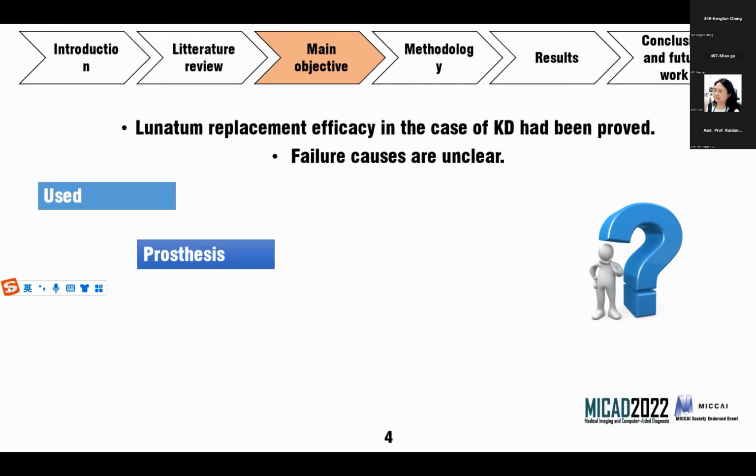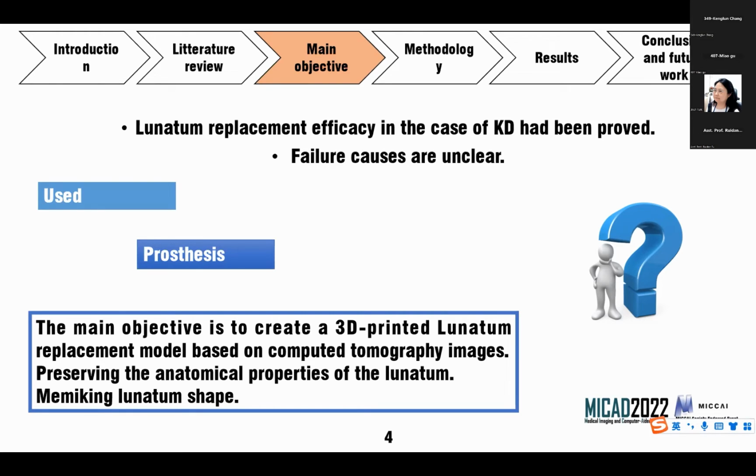We suggest that the prosthesis shape might be the main cause of the failure cases. In that context, the main objective of this work was to create a 3D model based on a simple process consisting of volume rendering and 3D printing, with the goal of preserving the anatomical properties of the lunatum by mimicking its shape.